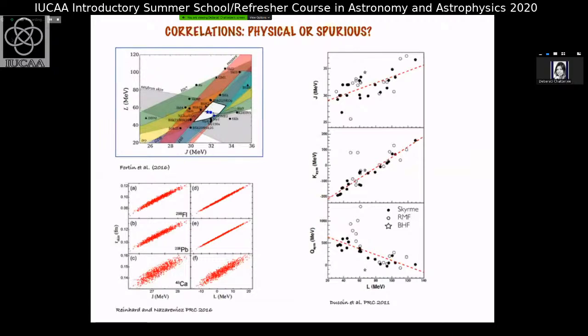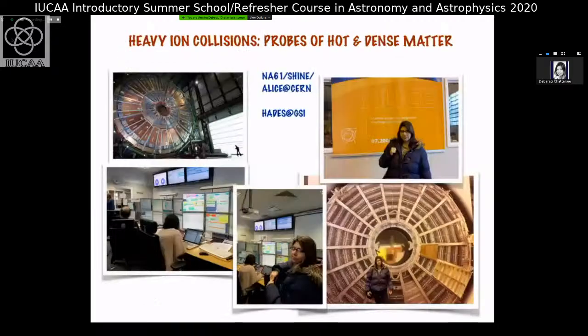But again, if you see the correlations between the slope and the K-sym and Q-sym parameters, which are the higher order parameters of the symmetry energy, you see that these points, which are coming from different models, the Skyrme model, the Brueckner-Hartree-Fock, and the relativistic mean field, do not show the same correlation. We don't know if these are physical or spurious. There is different underlying physics in these different models, and therefore this leaves open the question as to what would be the ideal equation of state for a neutron star.